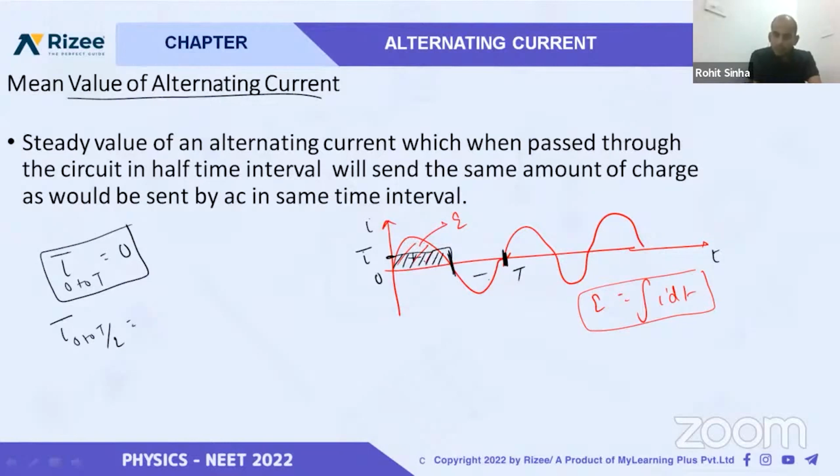So this steady value of current is called the average value of this alternating current, which has the same area, or we can say which supplies the same amount of charge as the charge supplied by this alternating current in half cycle.